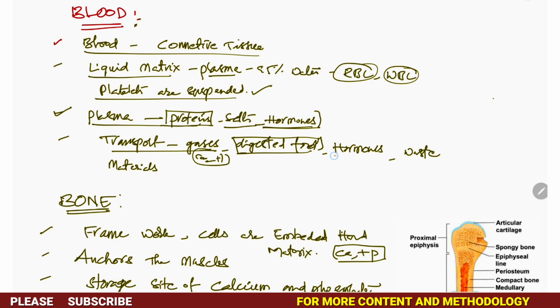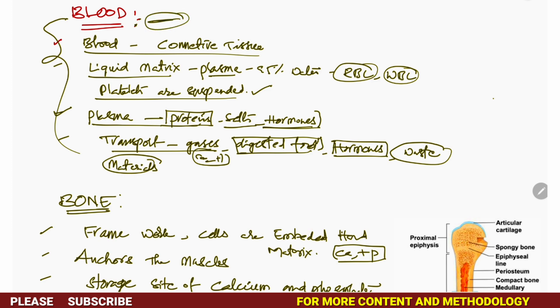Hormones can also be transferred through the blood from one place to another, and it also takes away the waste material produced by the body. So this is the prime function of the blood. Blood is a connective tissue in which a liquid matrix is present, and this liquid matrix is called plasma.